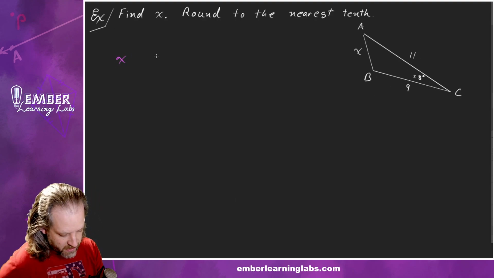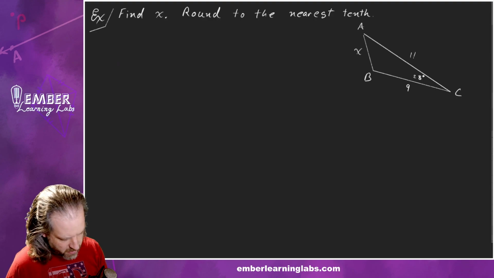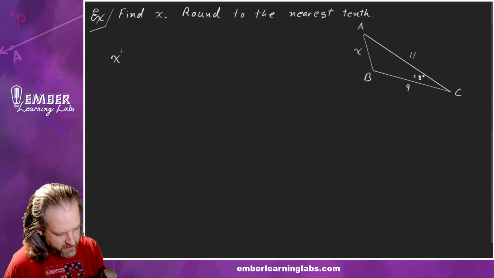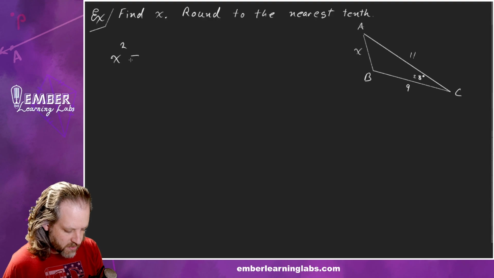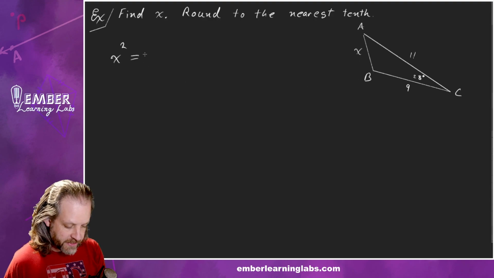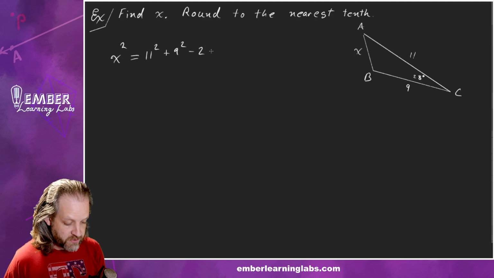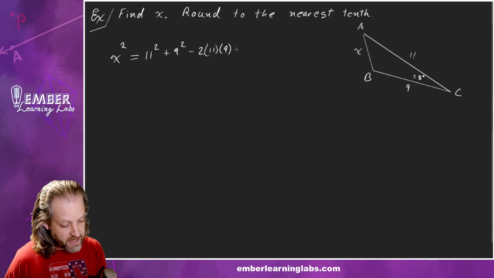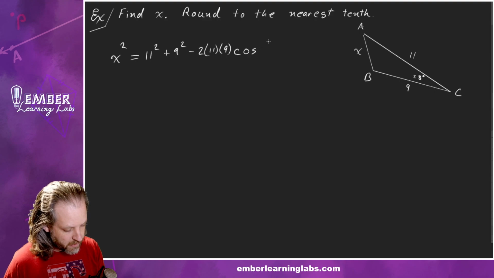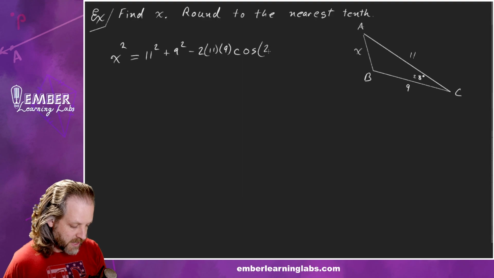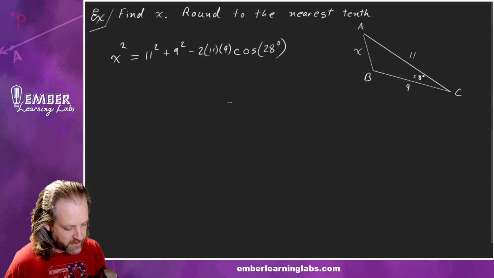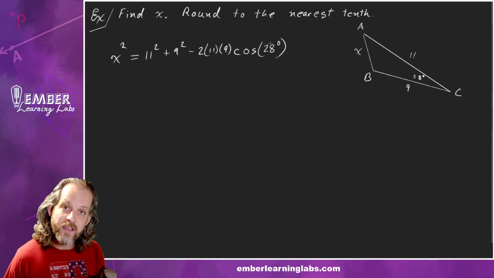So x squared equals the sum of the two sides, so 11 squared plus 9 squared minus 2 times these two multiplied, so times 11 times 9 times the cosine of the opposite angle, so the cosine of 28 degrees.